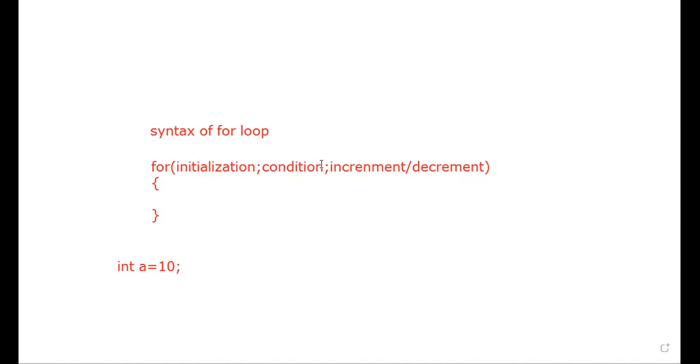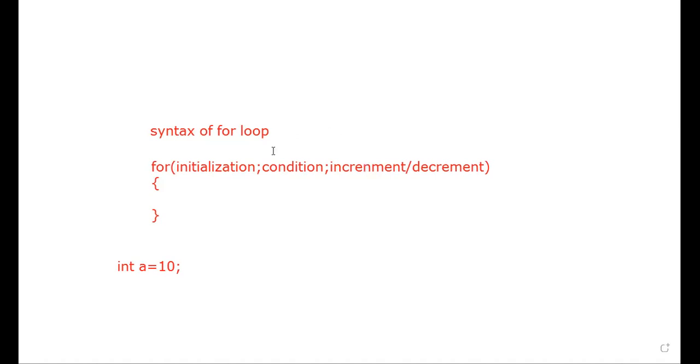Loop execution is stopped, guys. And the next statement is increment and decrement. There we can use i plus plus, i minus minus, which means increment by 1, decrement by 1. Okay, we can make any statement there.